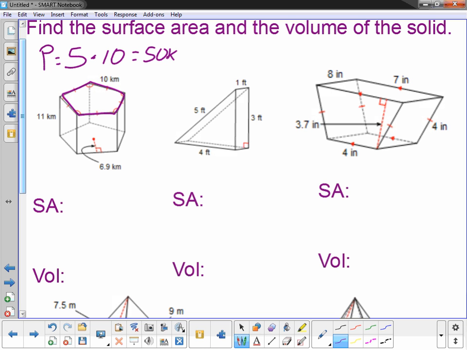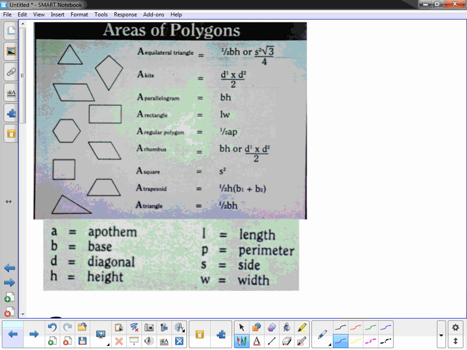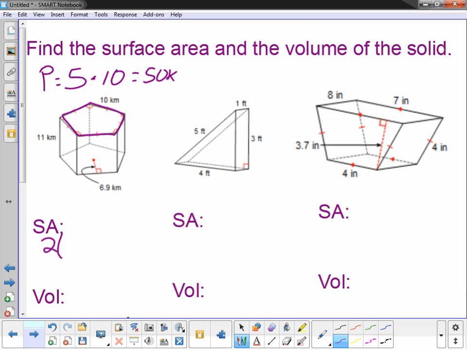Important to know. Okay, so now surface area is 2 times the area of the base. Well, the base is a pentagon, which means I need to use this formula for a pentagon. So 1/2 the apothem 6.9 times the perimeter of 50, plus the perimeter, the 50, times the height of that whole prism, which is 11.